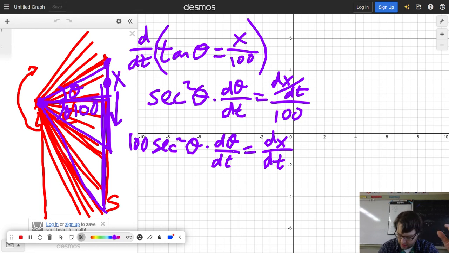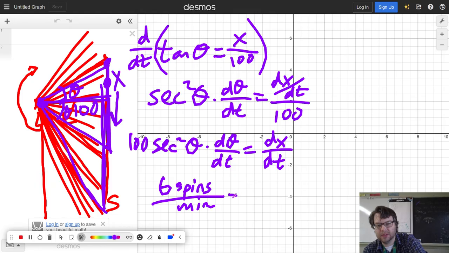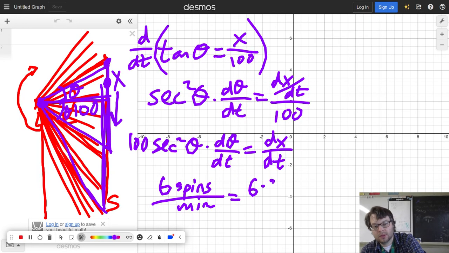They told us that the lighthouse rotates 6 times per minute. Okay, so the lighthouse does 6 full rotations in 1 minute. So 6 spins per minute means think about the angle of a full spin. I'm going to use radians here. 6 times 2 pi per 1 minute.